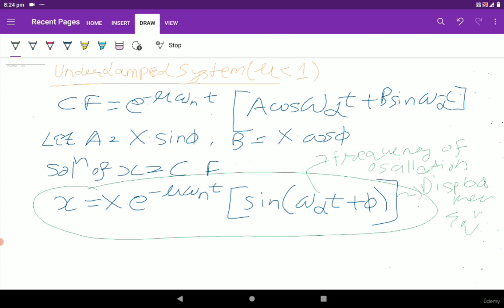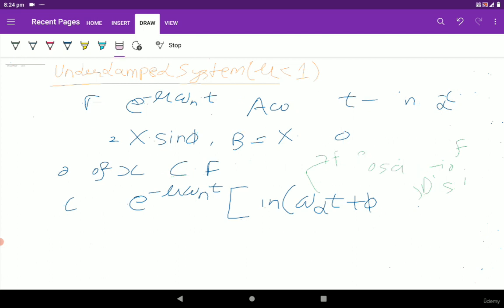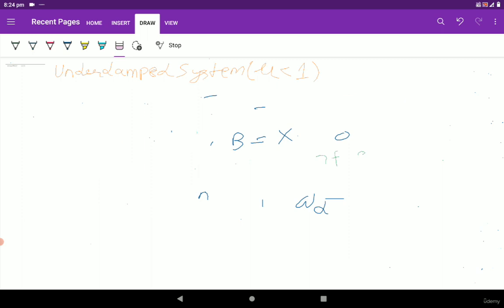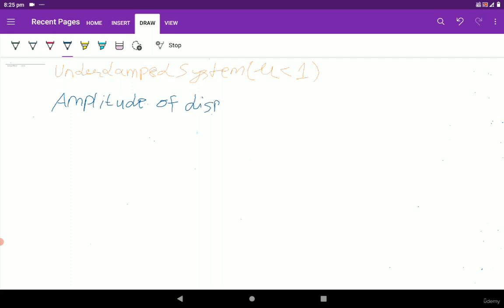Now moving forward, the amplitude of the displacement is equal to x e power minus damping factor omega n t.